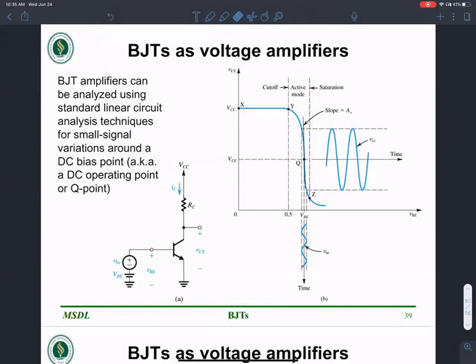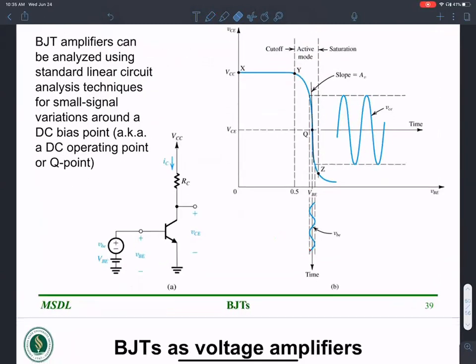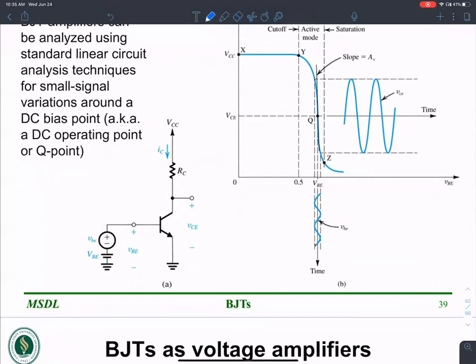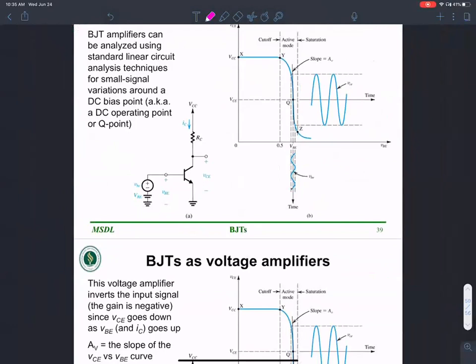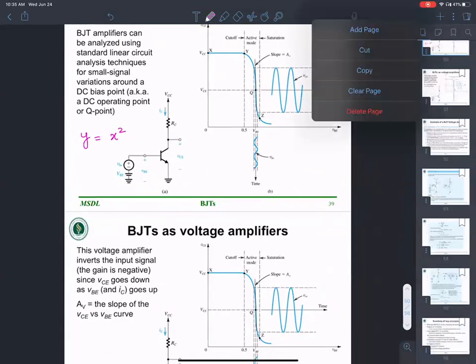Okay, BJT amplifiers can be analyzed using a standard linear analysis technique for small signal variations around the bias point. So typically, let me mention this idea. Let's say I have y equals x squared. That's not a linear relationship, right? A non-linear relationship.